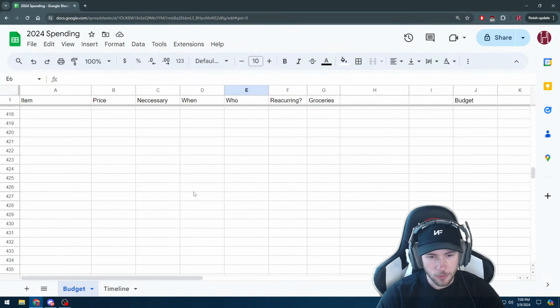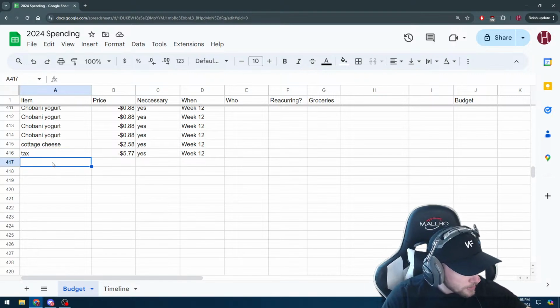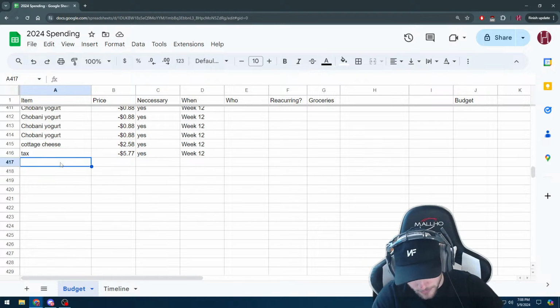But let's move on. Week 13. This one surprisingly has a lot. And hopefully they're not all super long. There are a bunch of Costco.